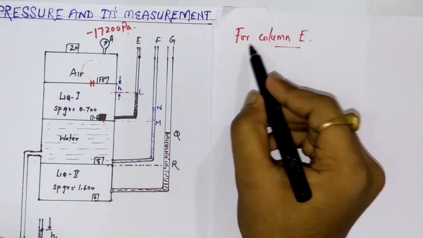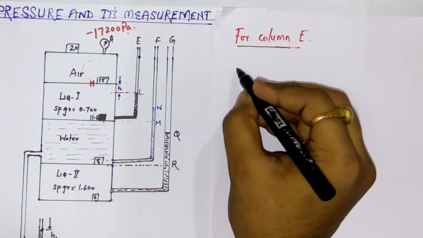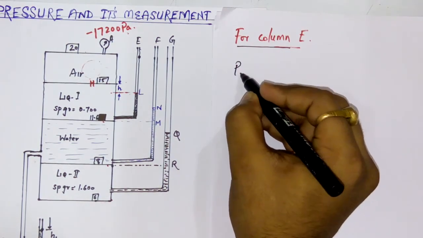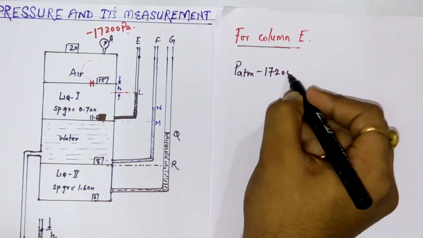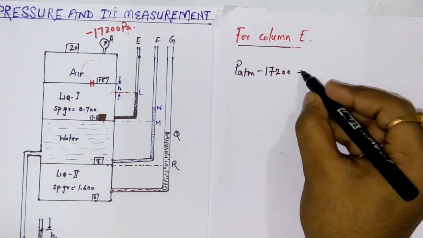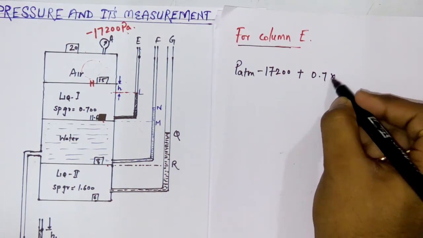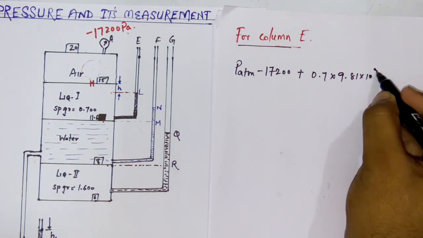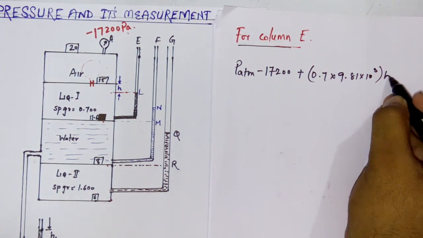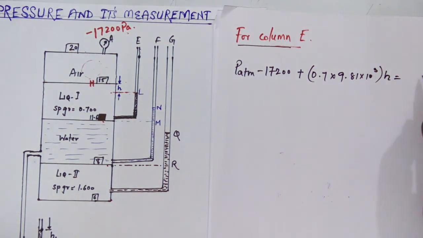For column E, P atm minus 17200 plus 0.7 into 9.81 into 10 to the power 3 multiplied by h is equal to P atm.